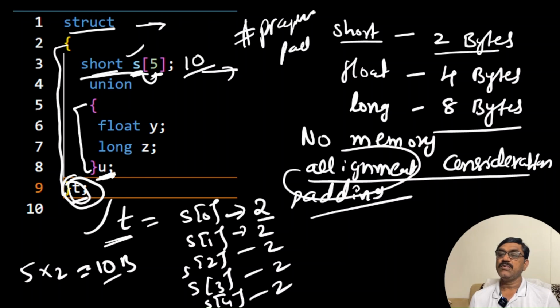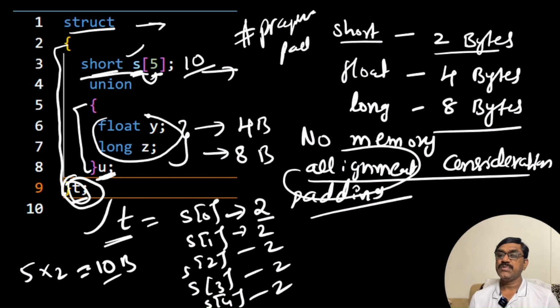For the union variable u, how much memory is allocated? As we discussed in the previous classes, in the union, the amount of memory allocated for the variable u is nothing but the amount of memory taken by the largest data member. Here we have the variable y, how much does it take? 4 bytes, and here we have the long variable, how many bytes does it take? 8 bytes. 4 bytes and 8 bytes.